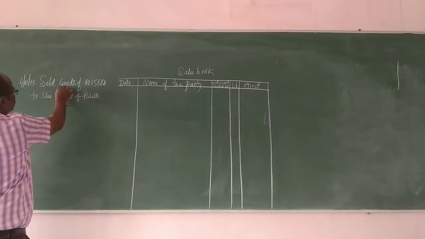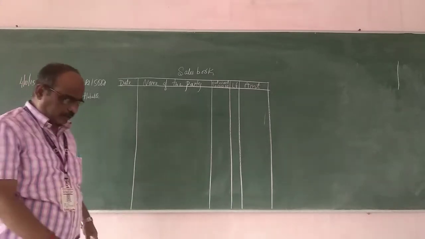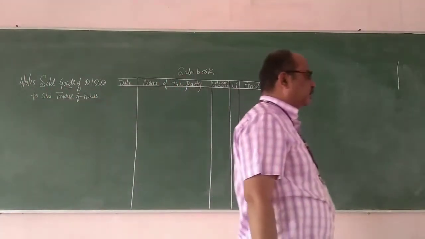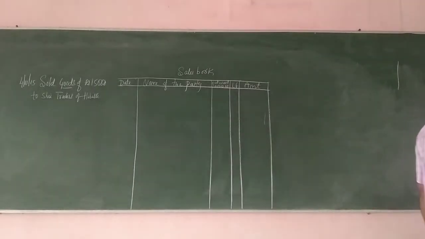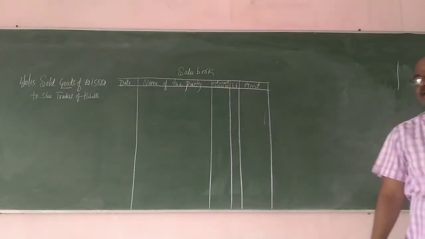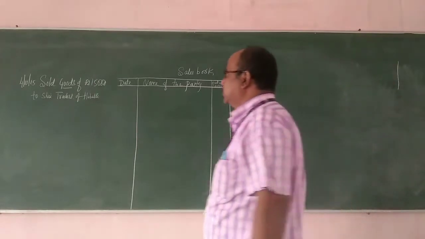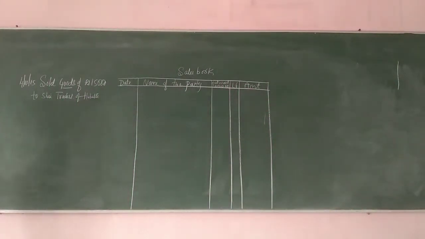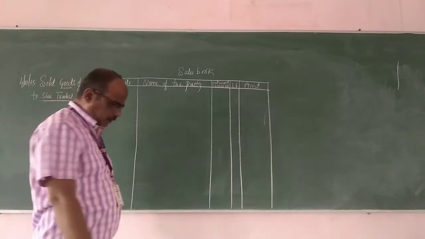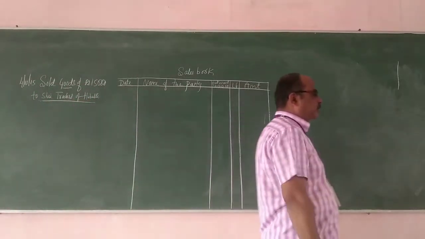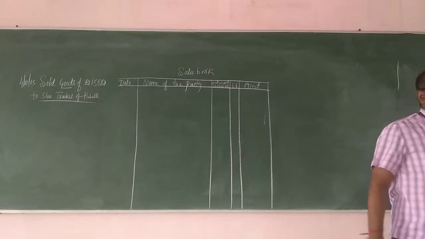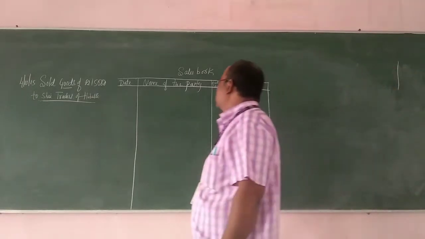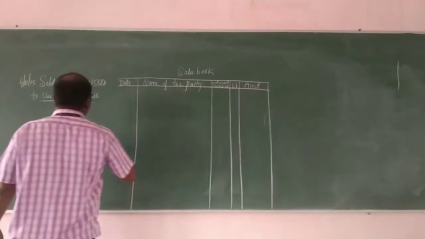Here, sold goods, one condition is fulfilled. Certainly there are two conditions, and one of them is fulfilled because you are selling goods of rupees 15,000 to Sri Traders of Hubballi. So it means it is a credit transaction and hence it should be recorded in the sales book.